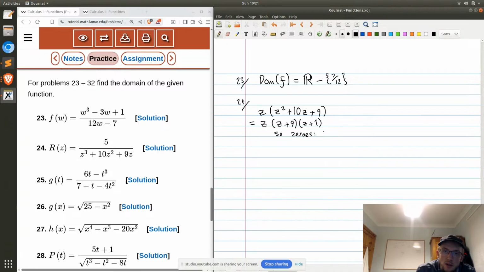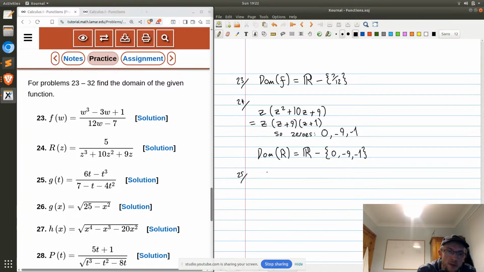So the zeros are 0, negative 9, and negative 1. And thus, for the domain of function r, I would say that it's the reals, specifically excluding 0, negative 9, and negative 1.